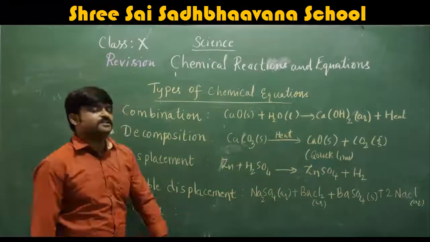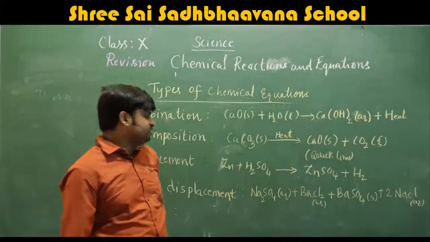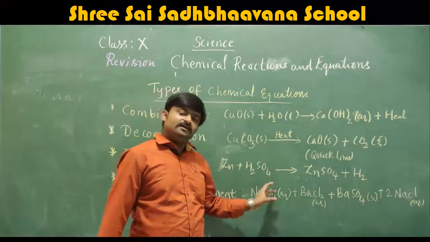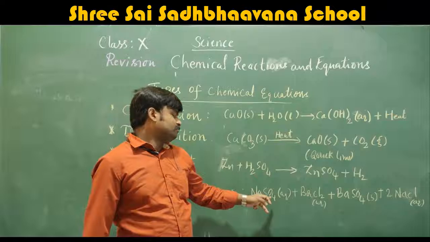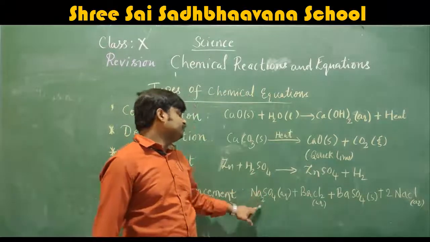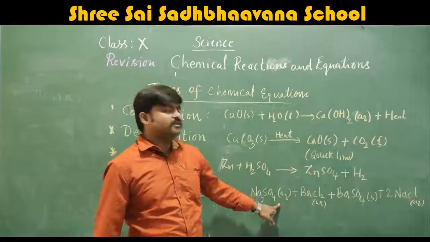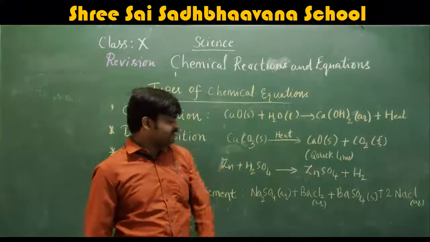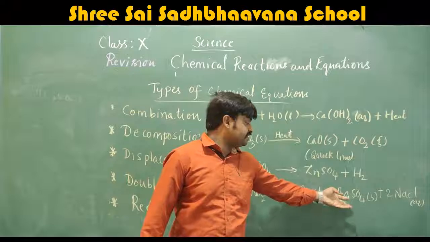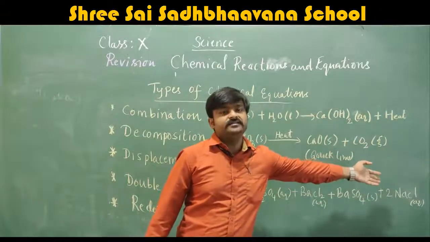Next is double displacement. Double displacement means two times the compound or element will be changed by their positions. Na2SO4, that is sodium sulfate in aqueous state, combines with barium chloride, it gives barium sulfate and salt NaCl.